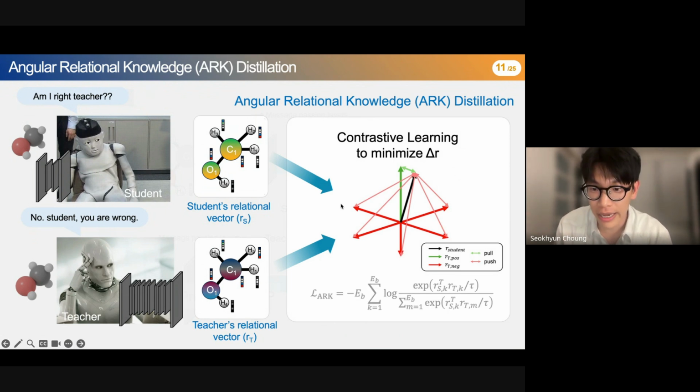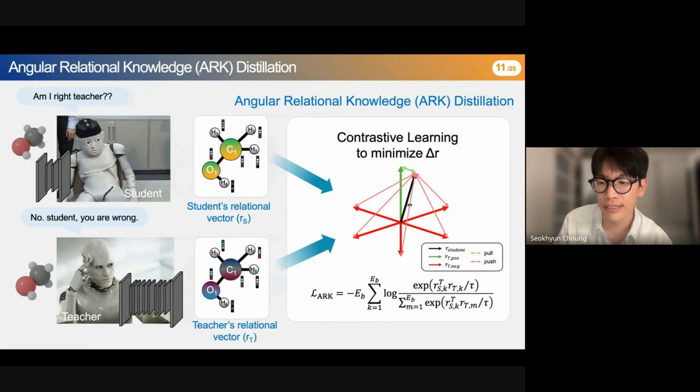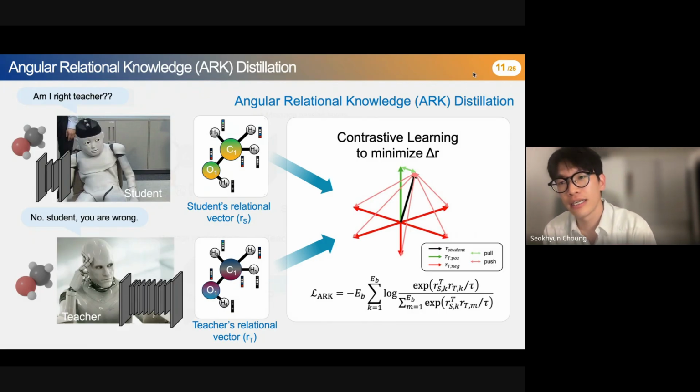This forms a loss function in a kind of inverse way, and we put it in the exponential form like this so that minimizing the vector difference between the teacher and student is valuable for training a model. Let me explain this later on the next page.